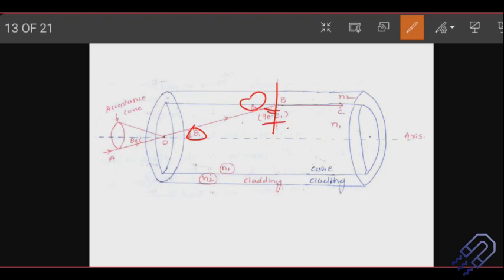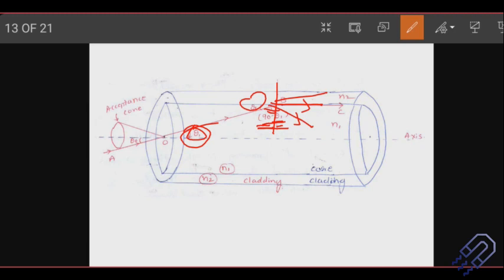This 90 minus theta 1 decides whether the ray will go away from the normal, go along the surface, or be totally reflected back. 90 cannot be changed, theta 1 can be changed. So if we can adjust the value of theta 1, we can adjust 90 minus theta 1 to match the critical angle.